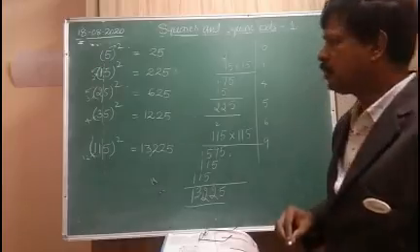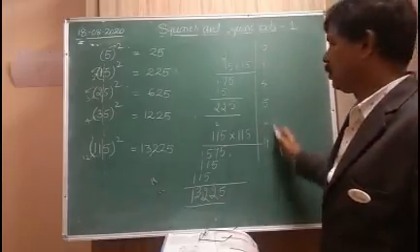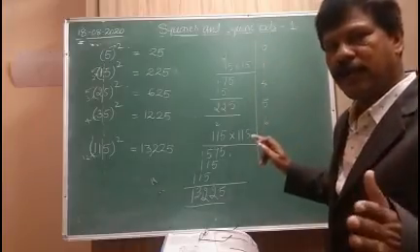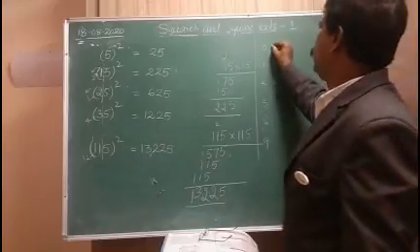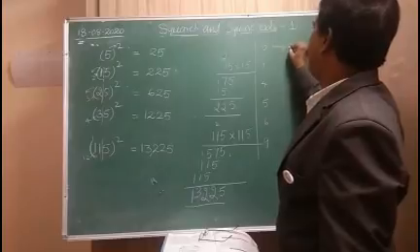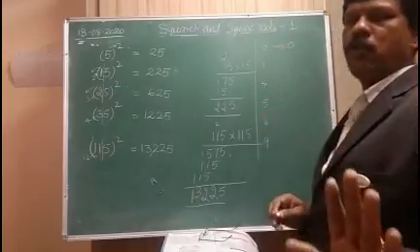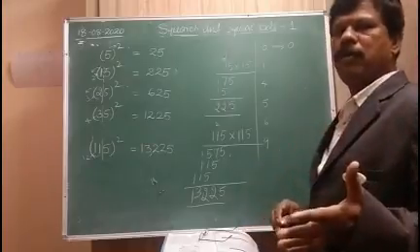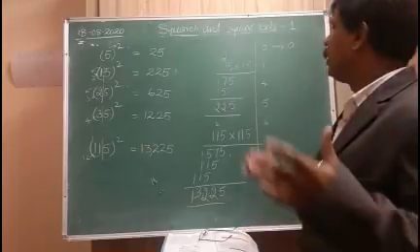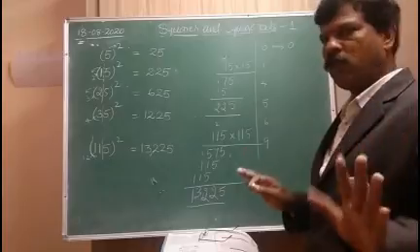When you look at the unit place of a perfect square number, to get 0 in the unit place, we have to square a number ending in 0 only.